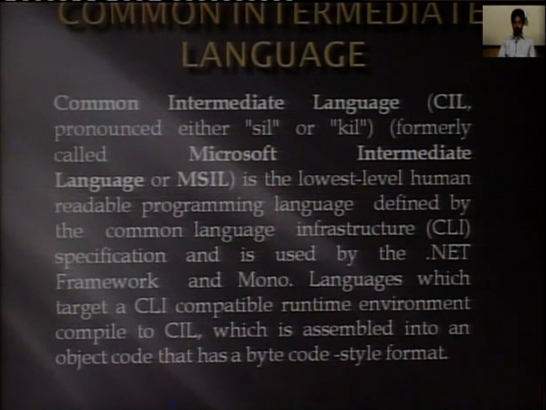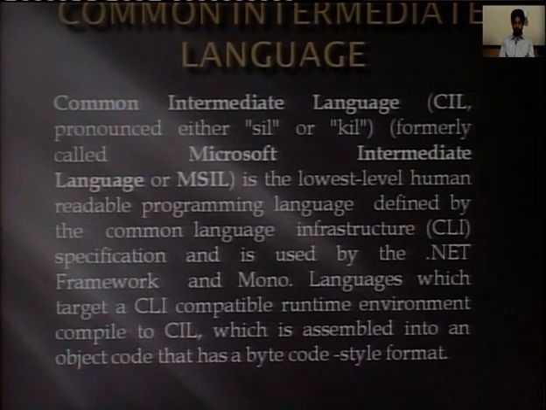Common Intermediate Language, CIL, pronounced either CIL or KIL, formerly called Microsoft Intermediate Language, is the lowest level human-readable programming language defined by the Common Language Infrastructure (CLI) specification and used by the .NET Framework or Mono.